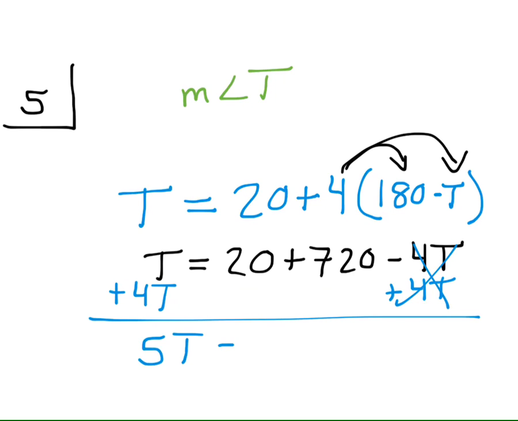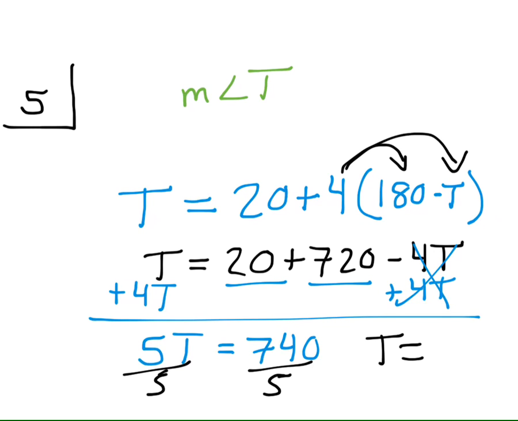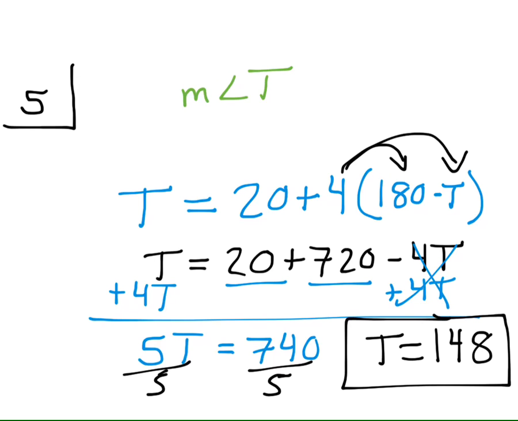That gives me 5T equals 740 when I combine those like terms. And I'll divide both sides by 5. So I get angle T is 148. If I asked what its supplement would be, 180 minus 148 would be 32. But the question just asks what is the measure of angle T? So the measure of angle T is 148.